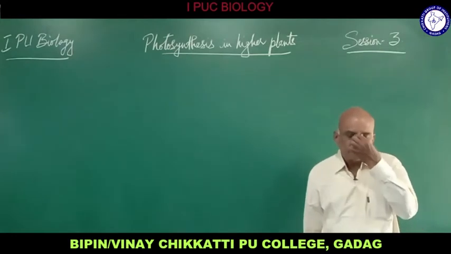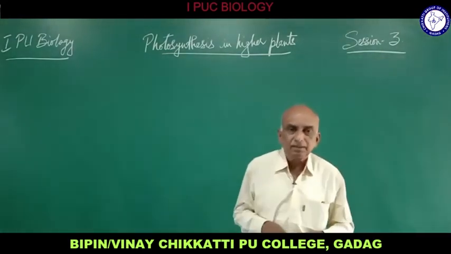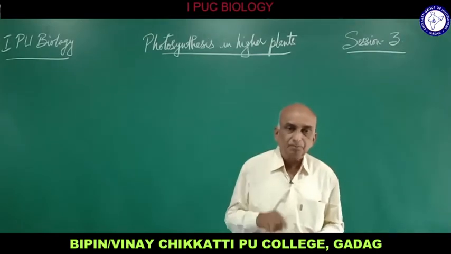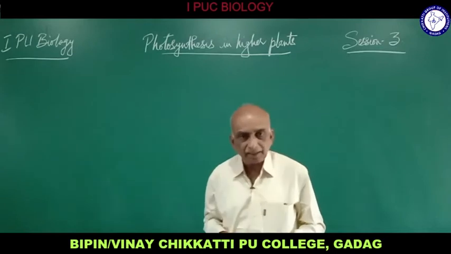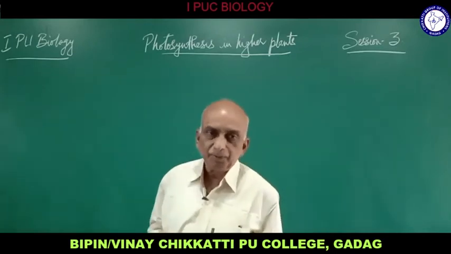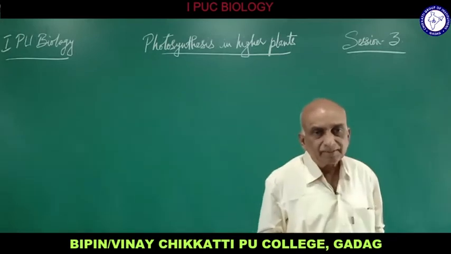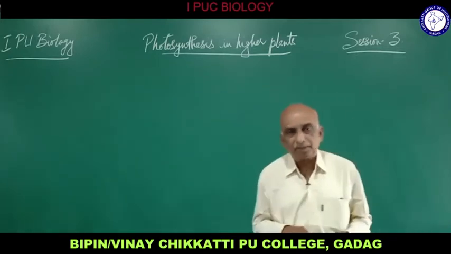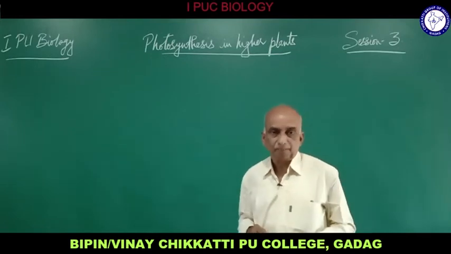Then the electrons are transferred from PS2 to PS1, and from PS1 to NADP. These electrons move in a Z fashion, hence this electron transport is called Z scheme electron transport.